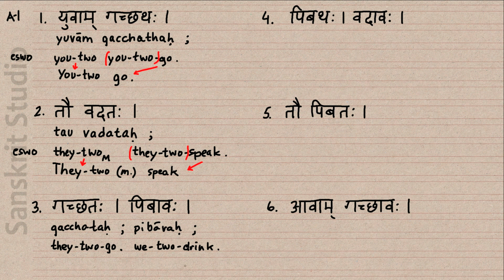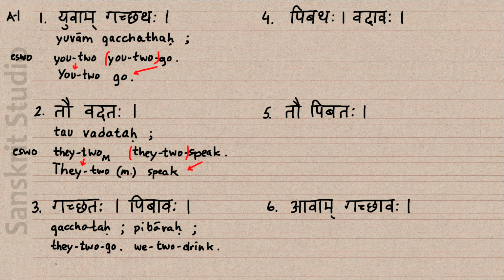So we have a guest performance here of gachati and pibati, and they are doing dual in either case, but in the first sentence it's about third person dual, and in the second sentence we are in first person dual.